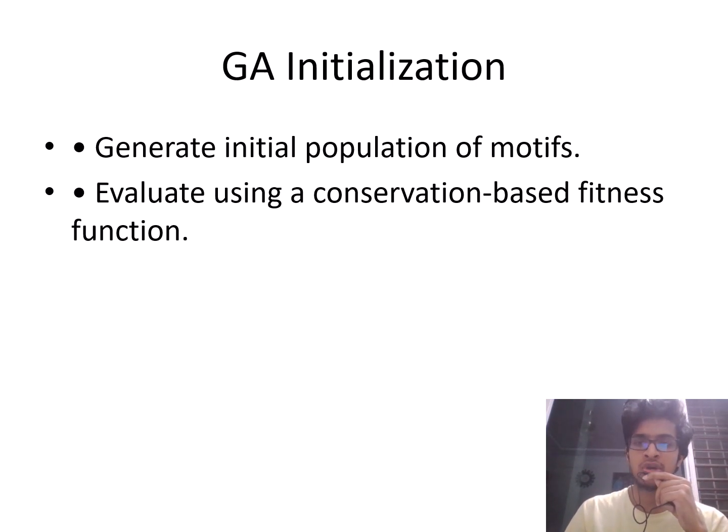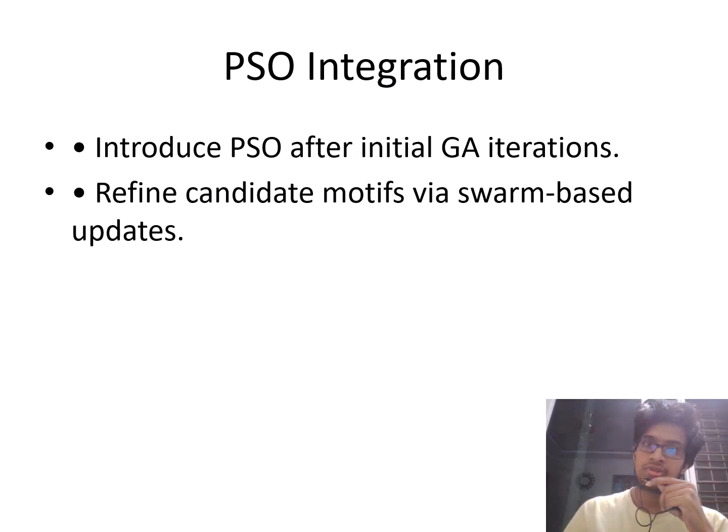We create the initial population of motifs and evaluate using the fitness function, where we take the fittest and mutate it to create the next population, and converge the answer. Then we use PSO to integrate with the GA. It refines the motif by converging the swarm.